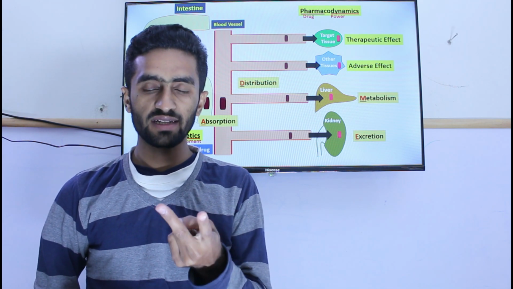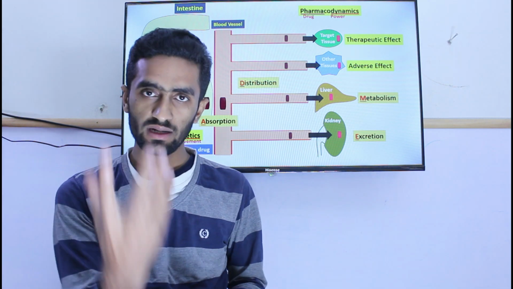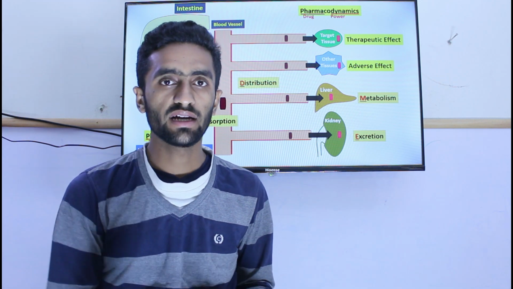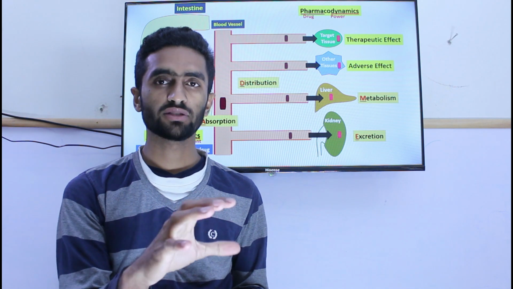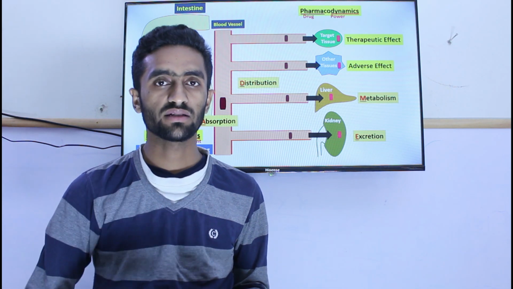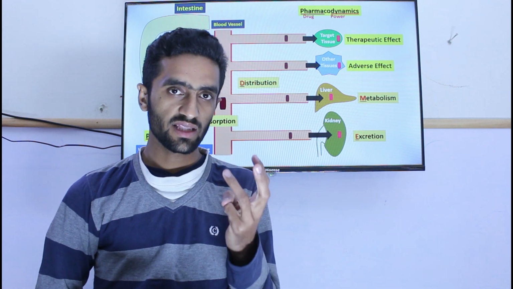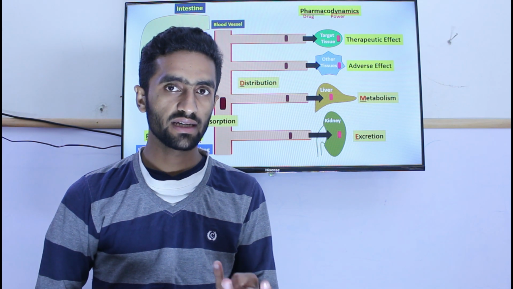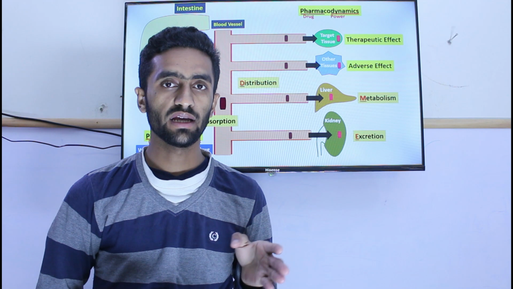That is the second stage. Then the third stage: because the blood from the GIT enters the liver, it is metabolized there. That is where we study the first pass effect, because it is crossing the liver. That is the third stage, metabolism. The fourth stage is excretion, by the kidney.